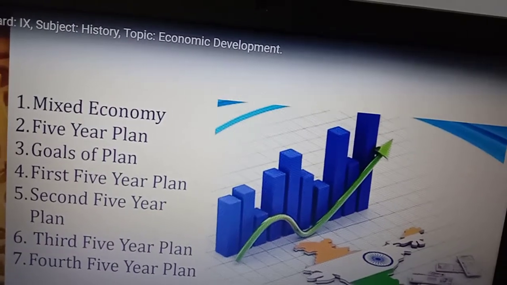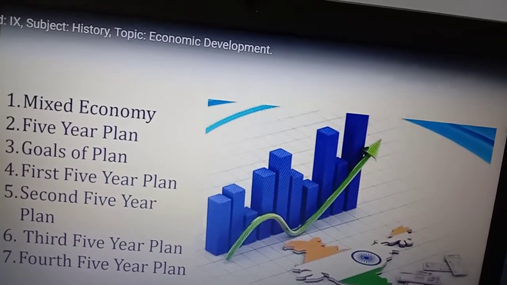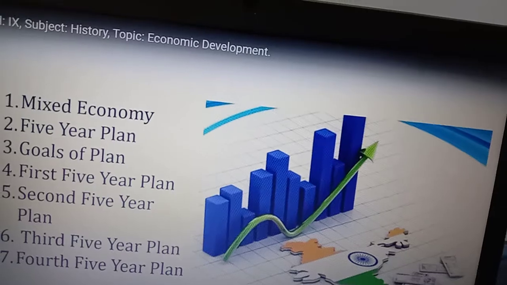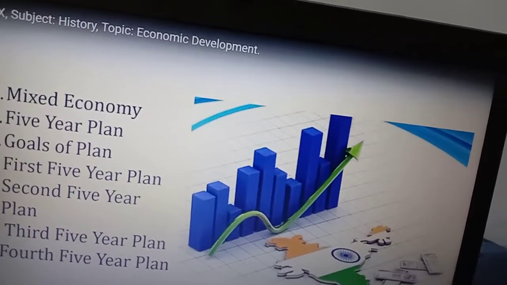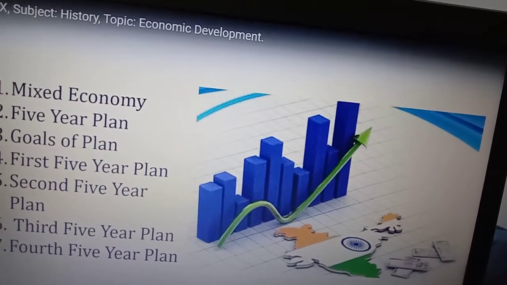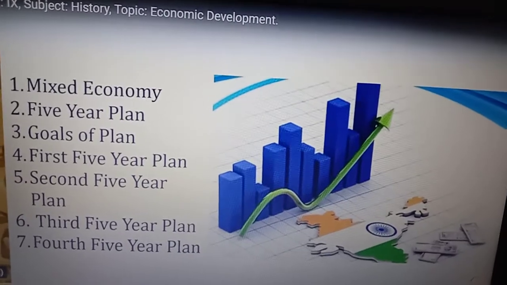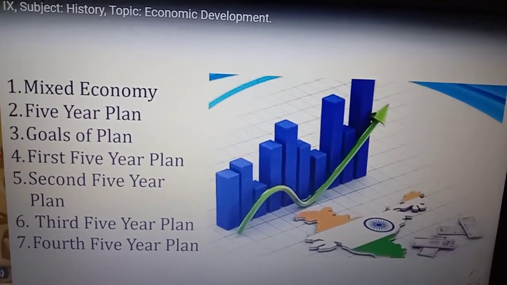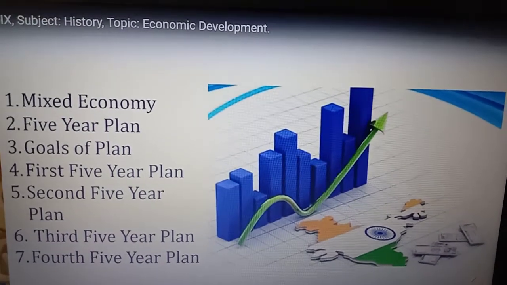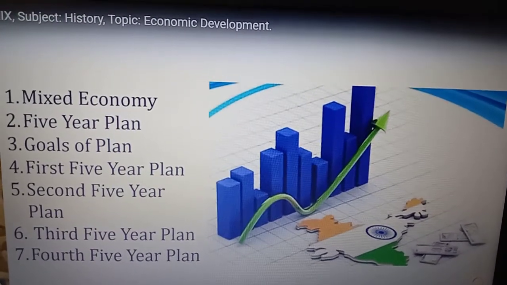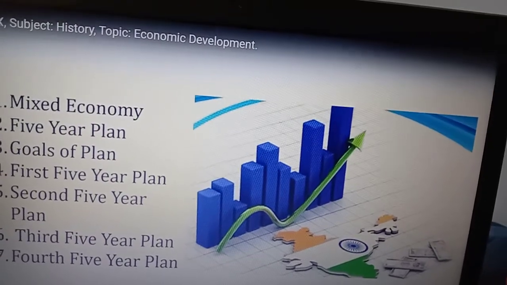We have various public sectors and private sectors, and the goals of the 5-year plans, the first 5-year plan, the second 5-year plan, and so on. We will also study the nationalization of banks, the 20-point program, the mill workers strike, and the new economic policy. So let us study first about the mixed economy.